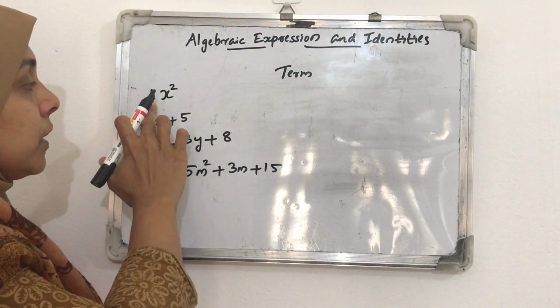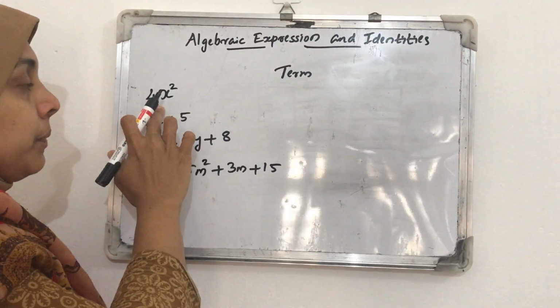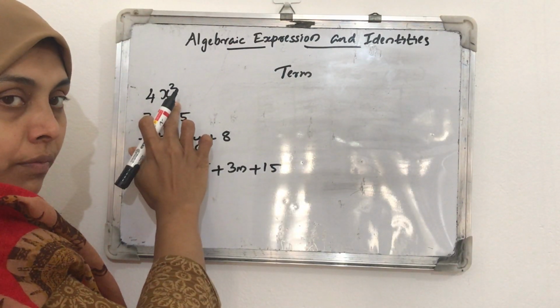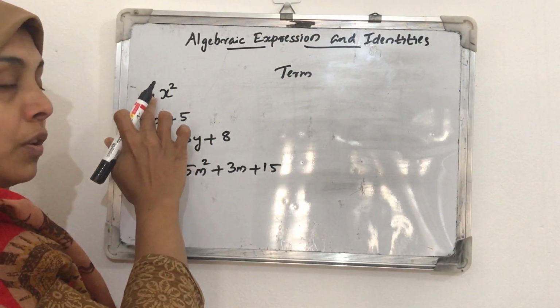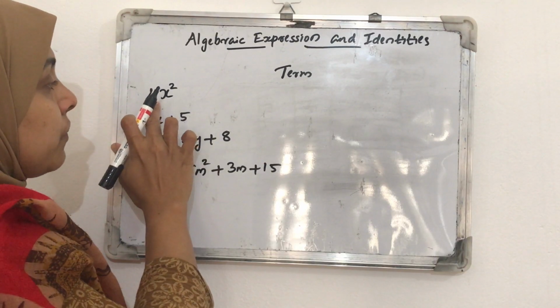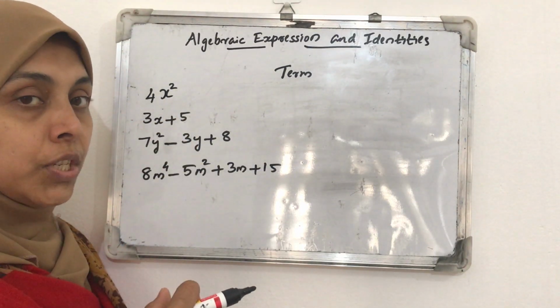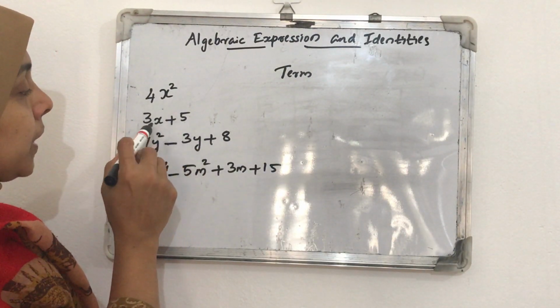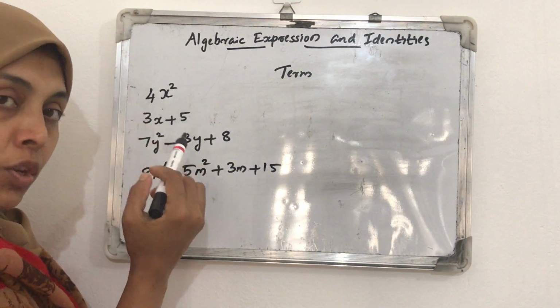In this first term the variable is x square. What is the variable used here? It is x square and the constant 4, and that constant 4 is called the coefficient or numerical coefficient of that term.